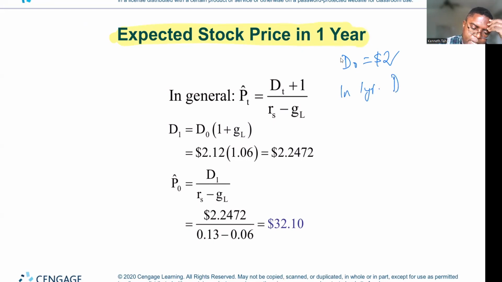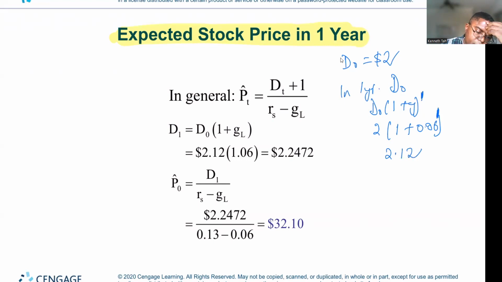In 1 year, D0 is going to be D0 times (1 plus g), of course, raised to the power 1, right? So this is going to be 2 times (1 plus 0.06) raised to the power 1. So that is going to be 2.12.